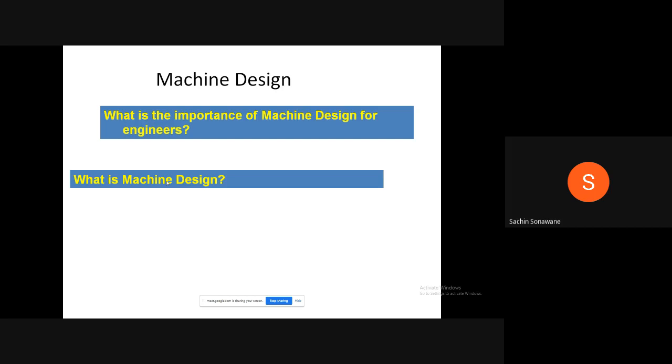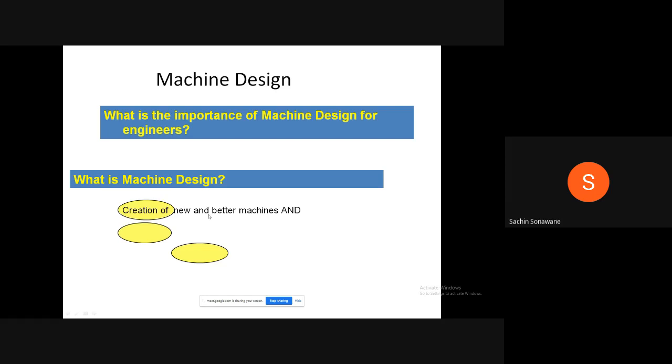In a machine, you are knowing there are different parts which are connected to each other, and there is relative motion between different parts of the machine, and these different parts are transferring forces. Now, design means what?